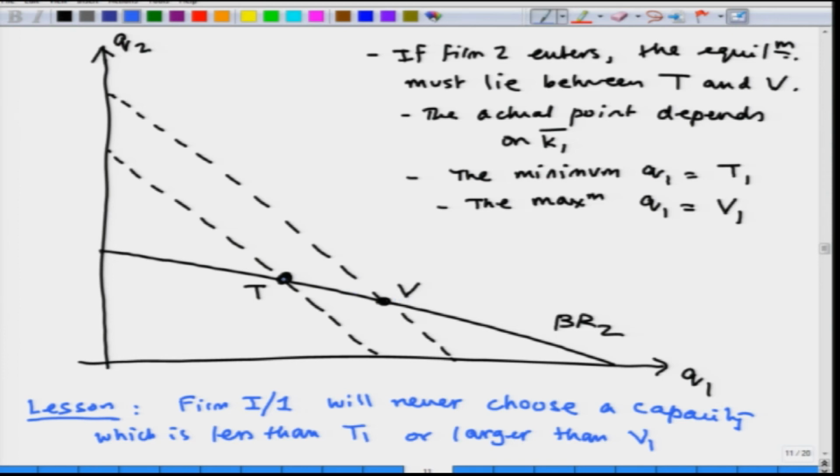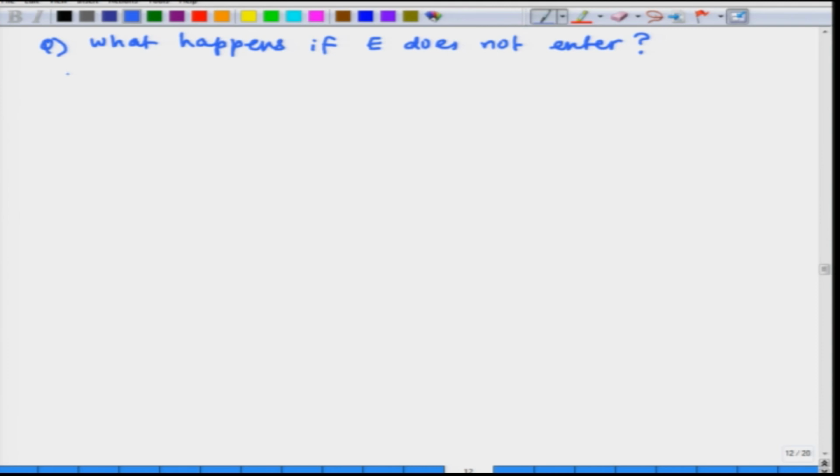So, the outcome T is the one which is most preferred by the entrant, because as we move further down along the best response function of firm 2, Q2 falls, right, which is not a very nice outcome for the entrant. So, the best possible Cournot outcome for the entrant is at T2, right.